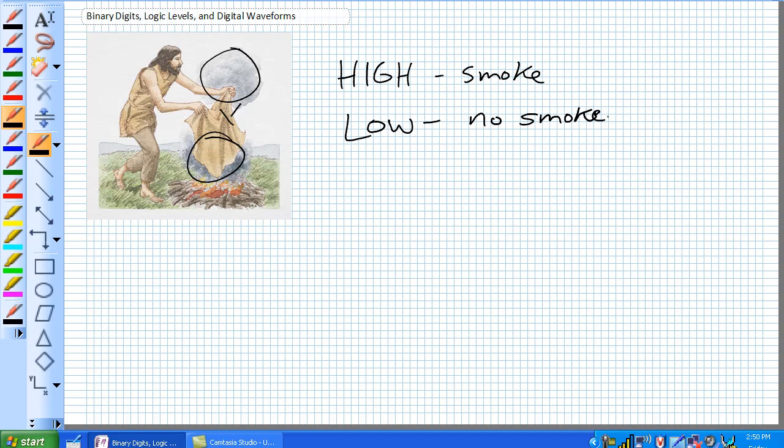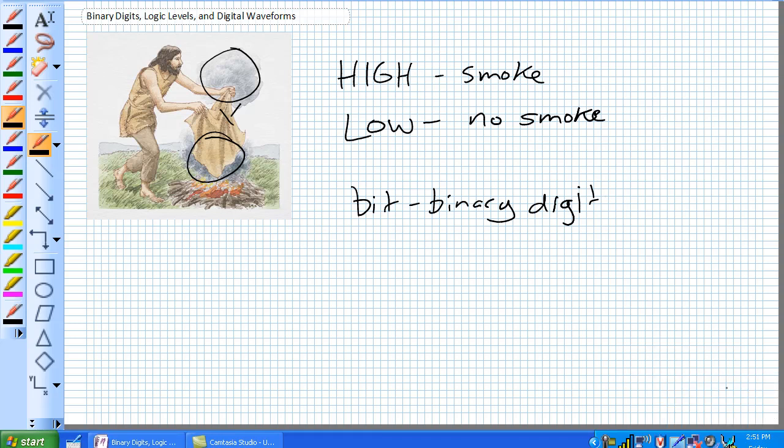I use the term bits. A bit is a binary digit. In our particular case, since we're using states of high and low, we have two binary digits, 0 and 1.